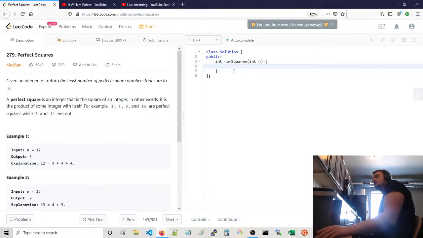Now this is a little bit different from the previous question, not the previous question, but there's an ugly number question that's similar.